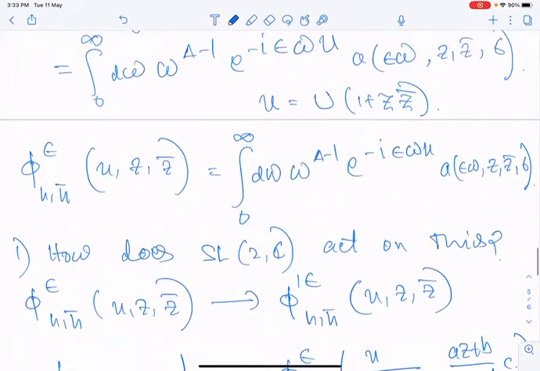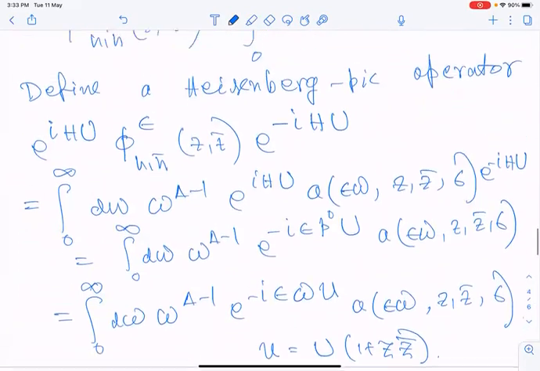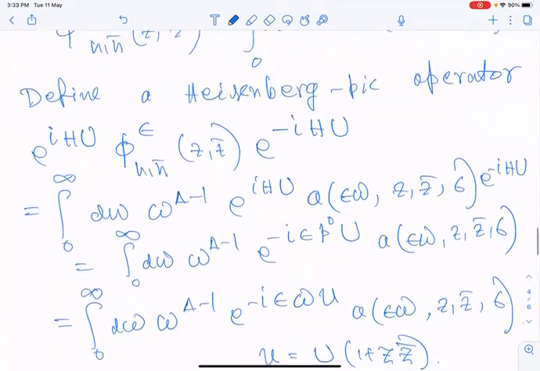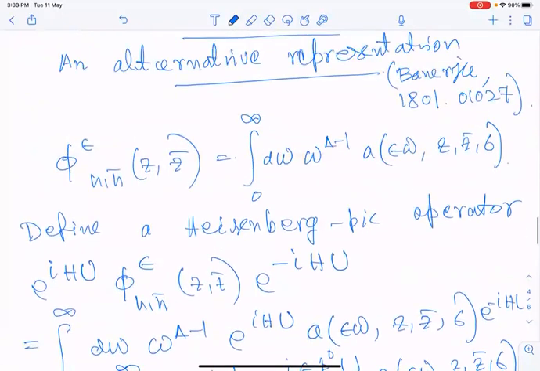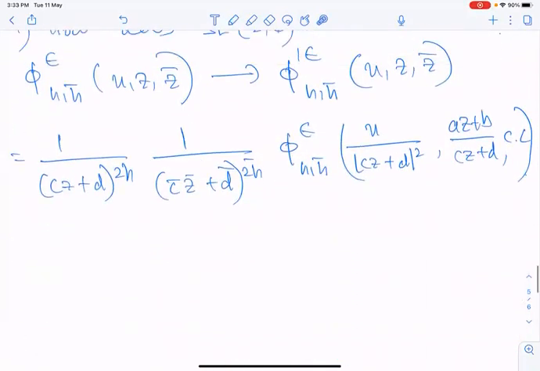This transformation law follows from what we did; you can take it as an exercise, or look at this paper where it is done in complete detail.